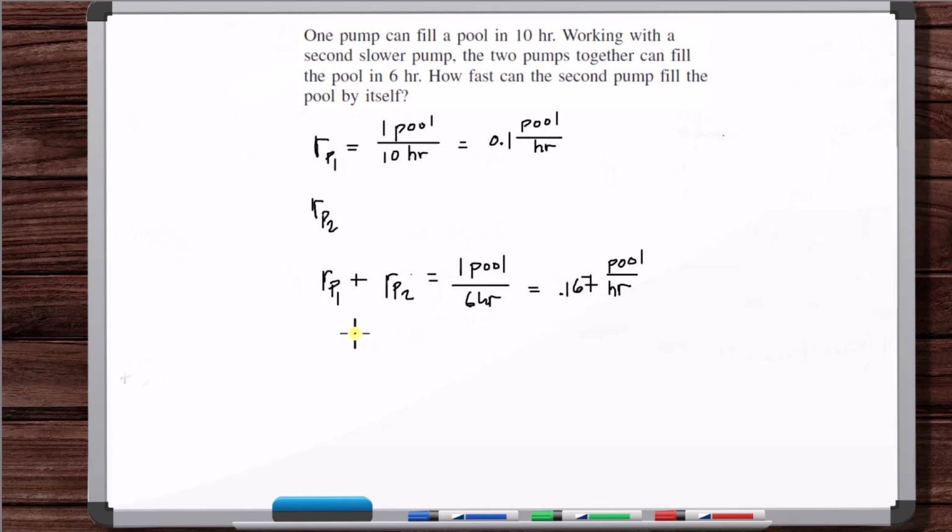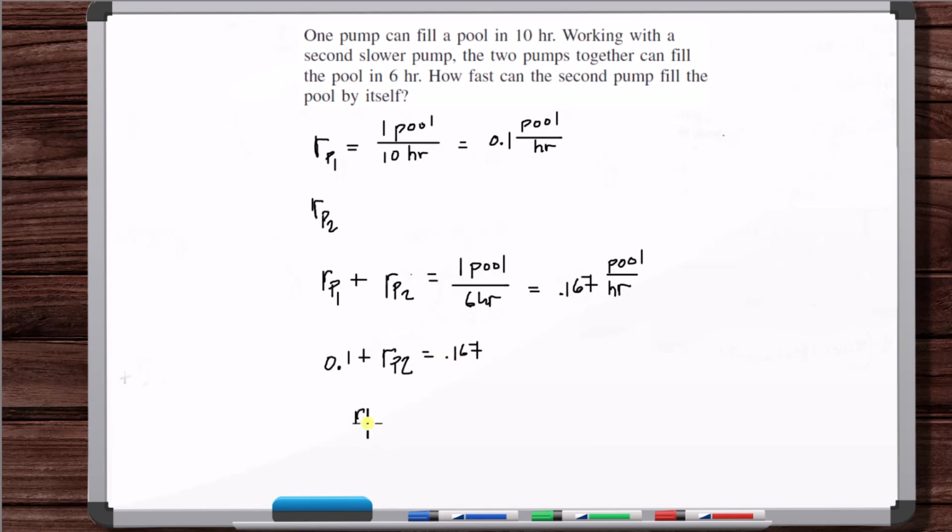Okay, but we know RP1, right? So 0.1 plus RP2 is equal to 0.167. There's our linear equation in one variable.